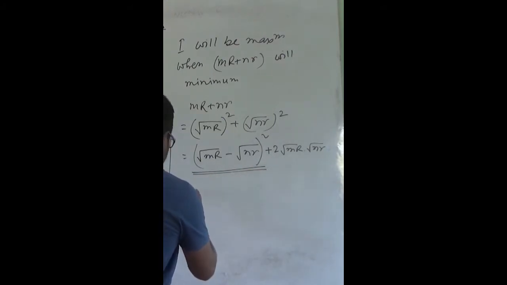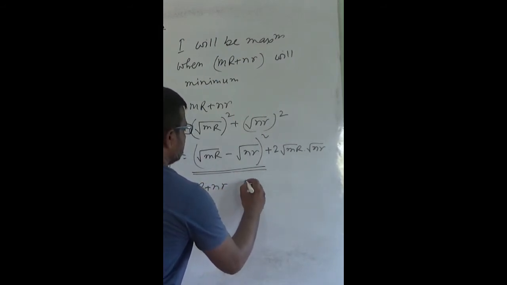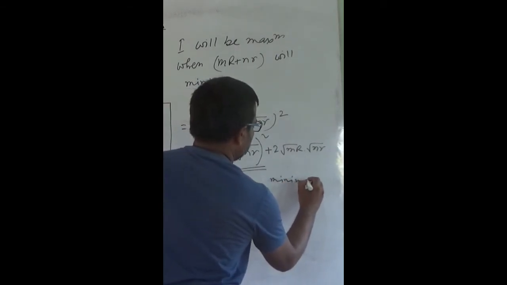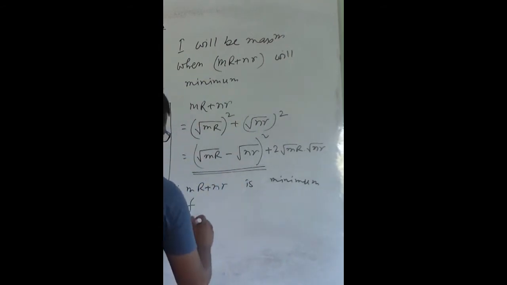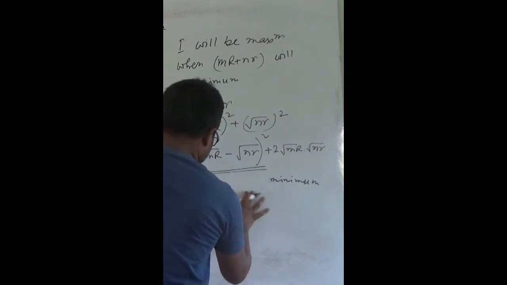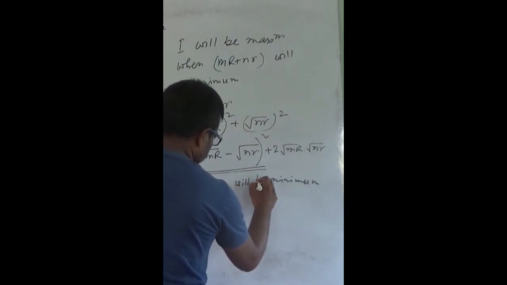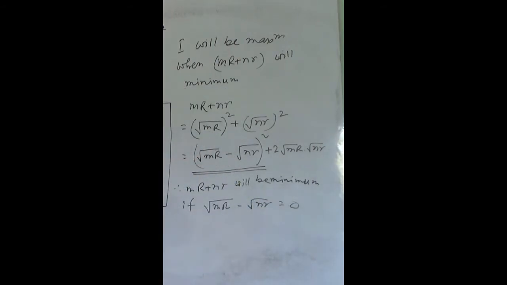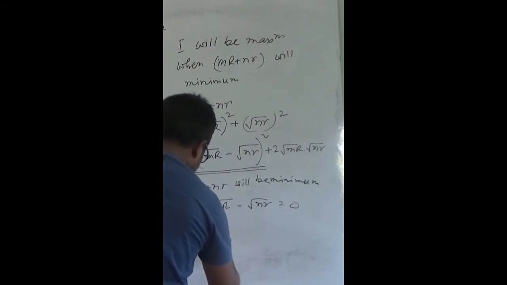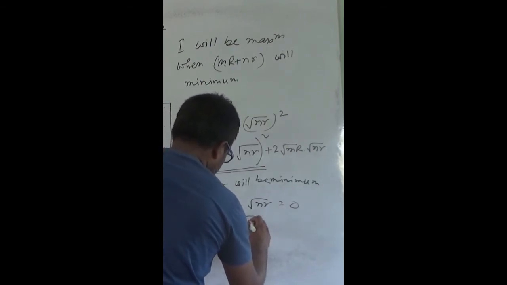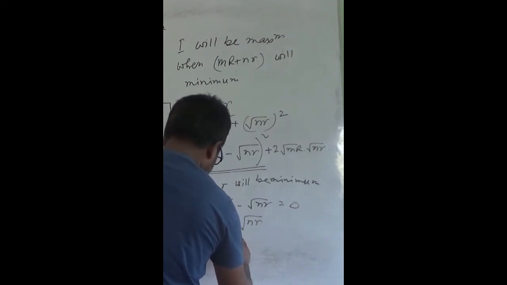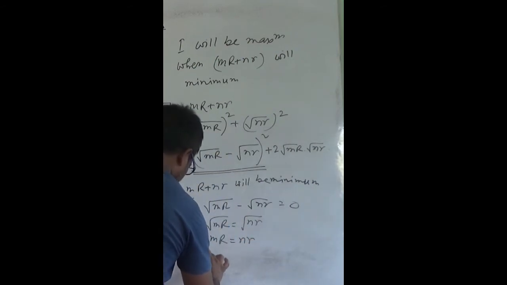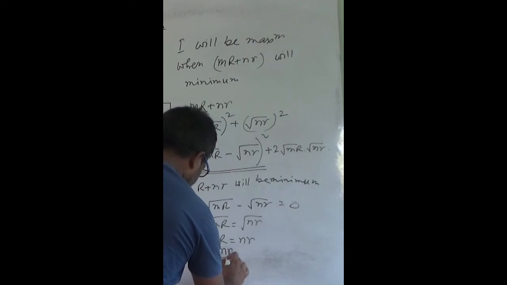Right? Therefore, mR plus nr will be minimum if this is 0, or we may write root mR equals root nr, or we may write m into R is equal to small n into small r, that is capital R equals nr divided by m.